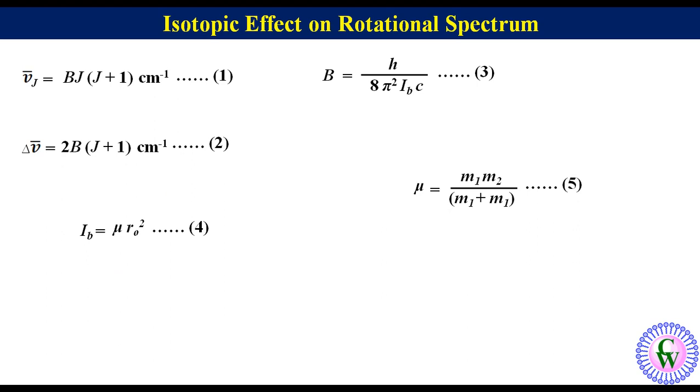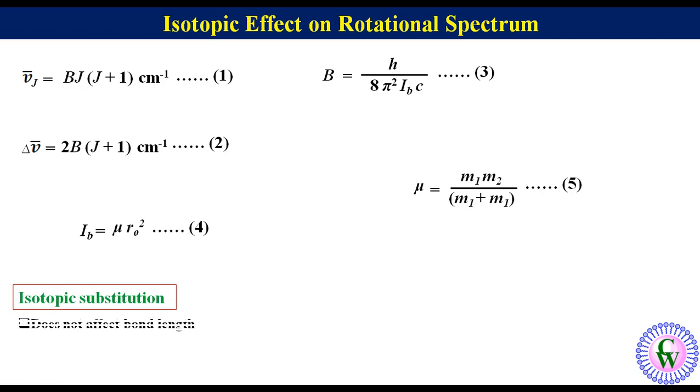This is equation number 5, where m1 and m2 are the atomic masses of the two atoms of the diatomic molecule. These are the two facts one should remember regarding isotopic substitution. It does not affect bond length, but it affects reduced mass, as we can see from equation number 5.